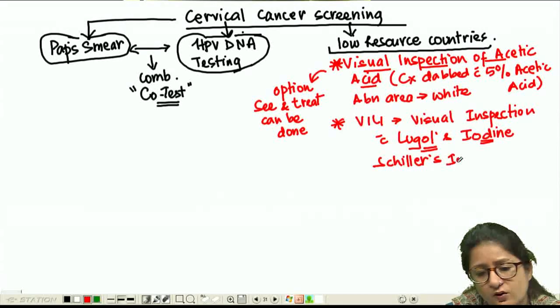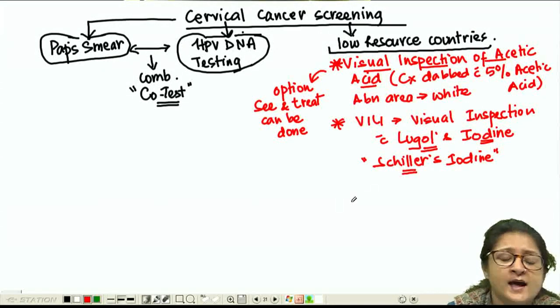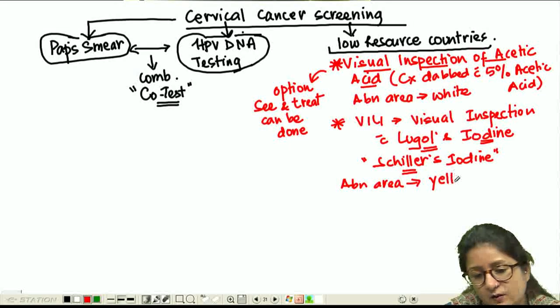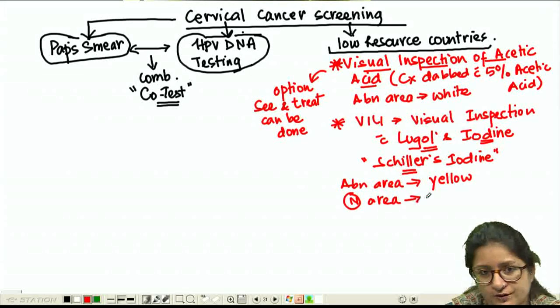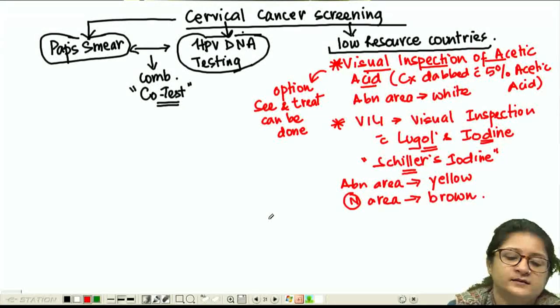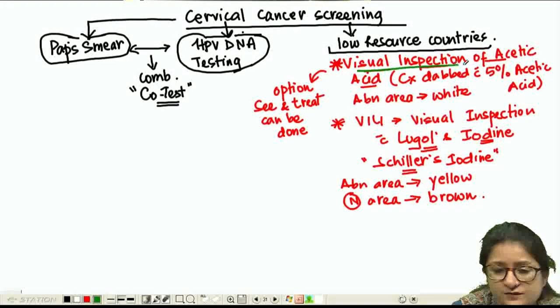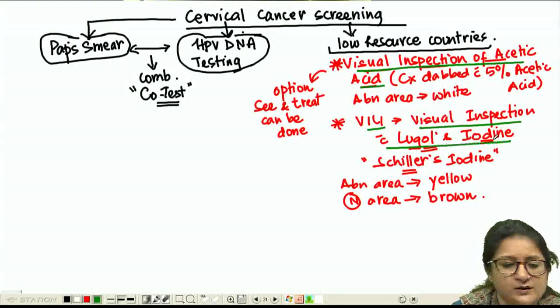Sometimes we can use either; both are just different preparations of iodine. The abnormal area appears yellow, and the normal area, because of the presence of glycogen, turns brown with iodine. So this is about the two tests: visual inspection with acetic acid and VILI.